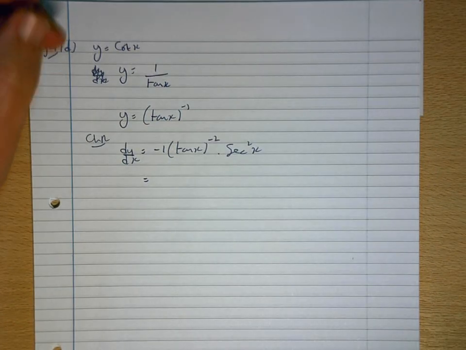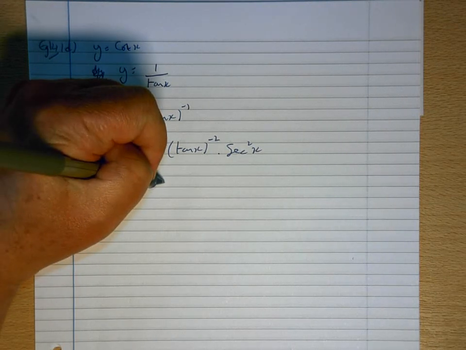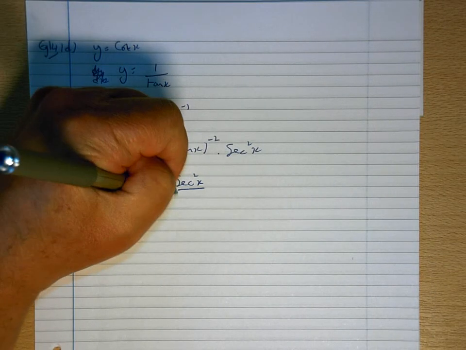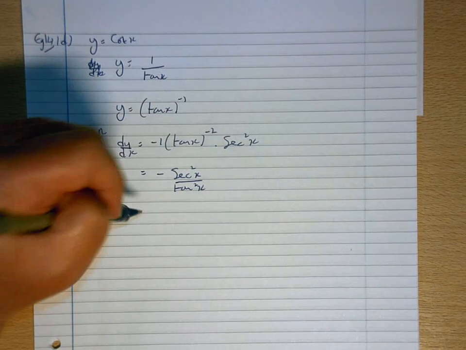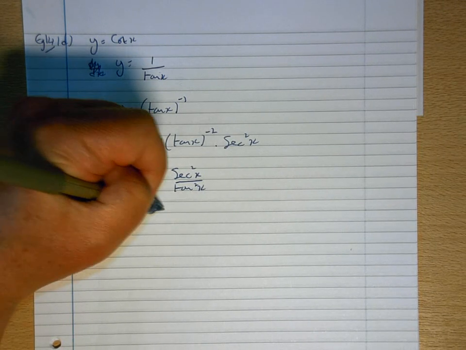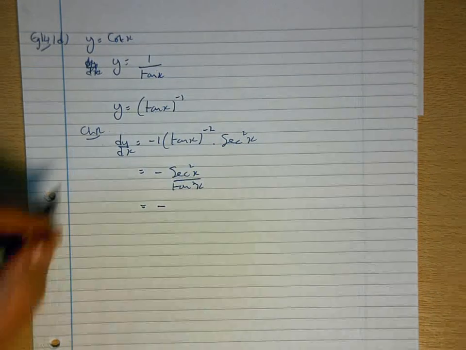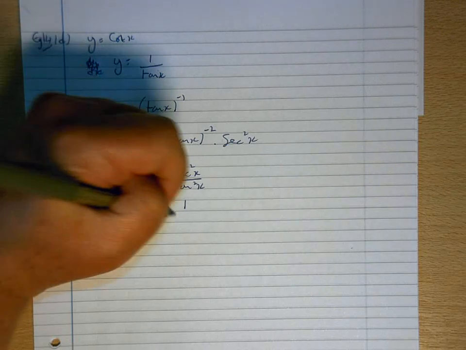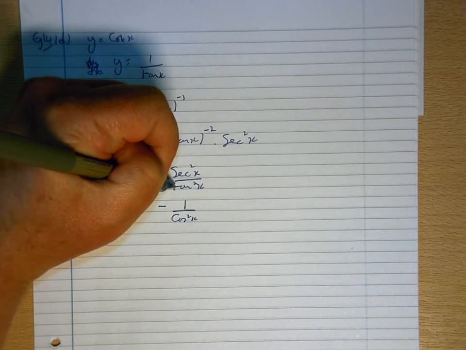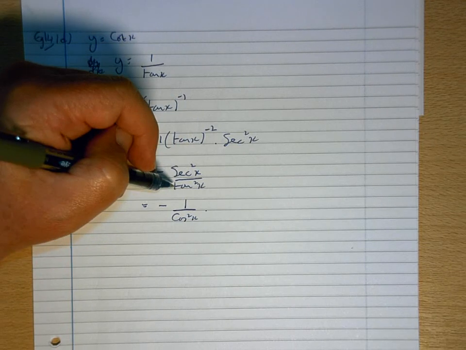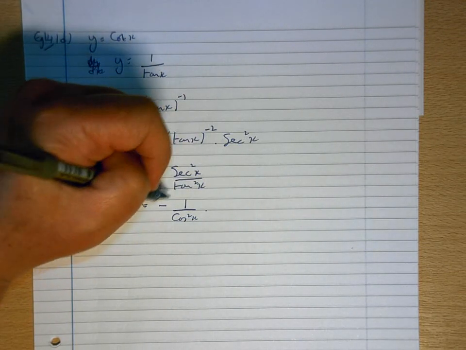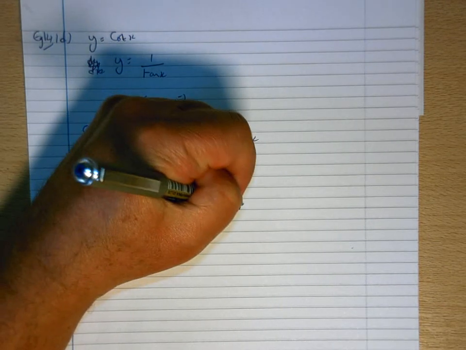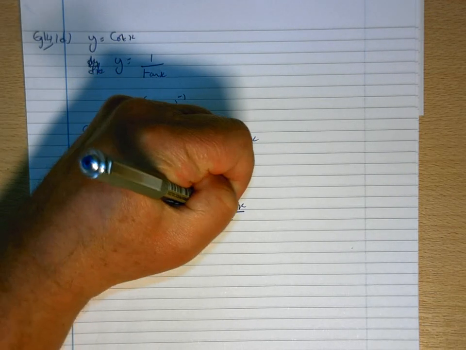So let's see how we can tidy this up. I'm going to have minus sec squared x over tan squared x. Well, the sec squared is going to be 1 over cos squared, and 1 over tan is cos over sine, so we could write it as cos squared x over sine squared x.